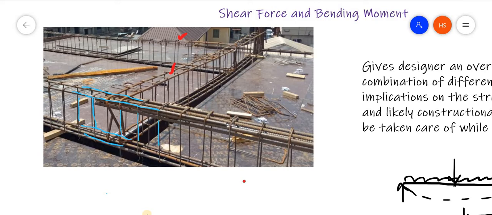This horizontal reinforcement is mainly found based on the bending moment, and this vertical reinforcement is known as stirrup, and that is for taking up the shear force.